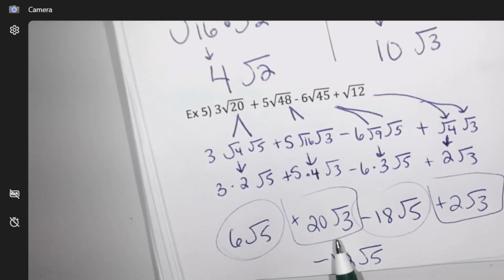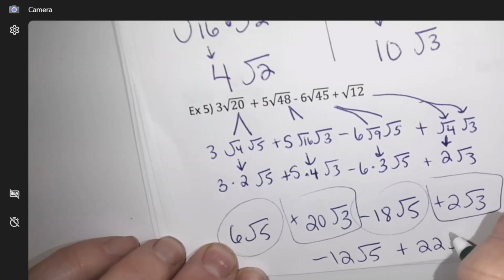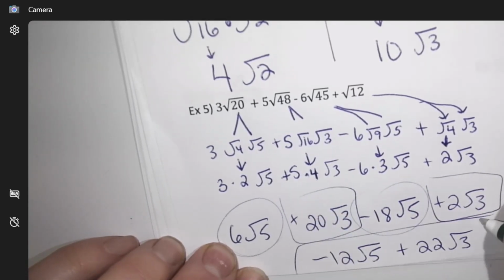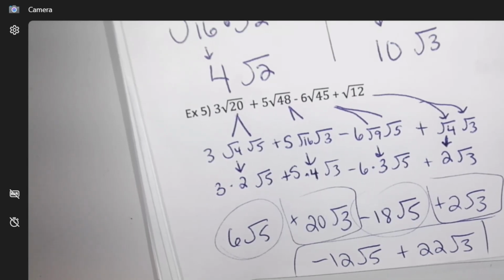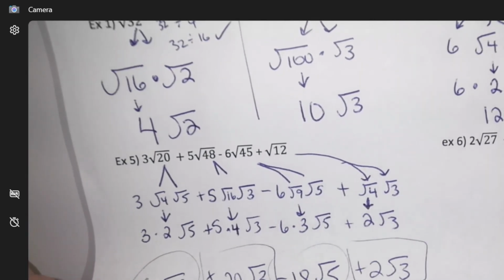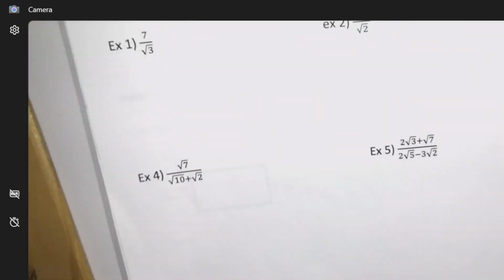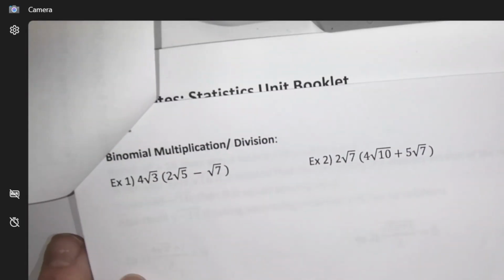I had 20 root 3s over here and 2 more root 3s. Do we remember that skill from grade 10? That breakdown, something looks familiar maybe at least? Okay, a little bit more and then we're done.